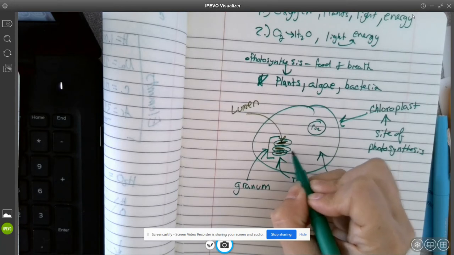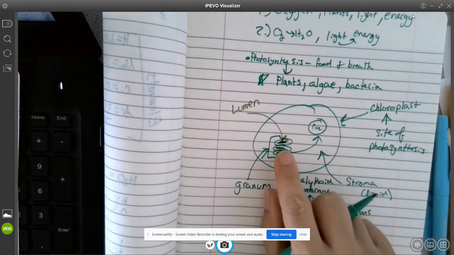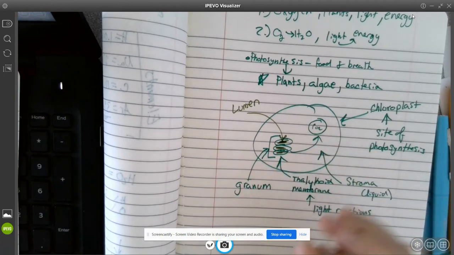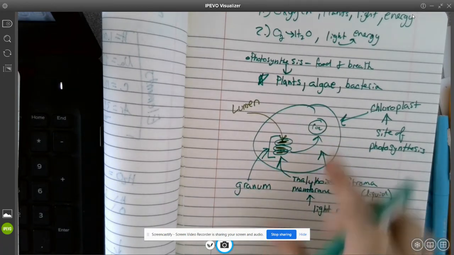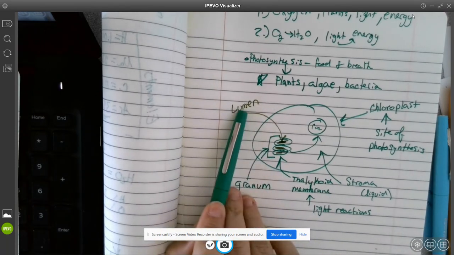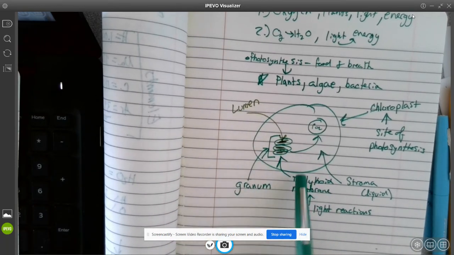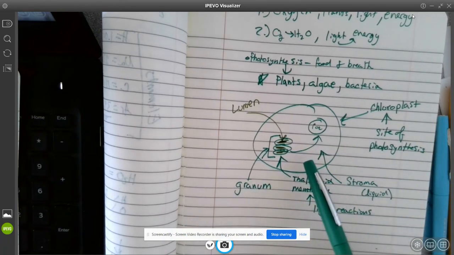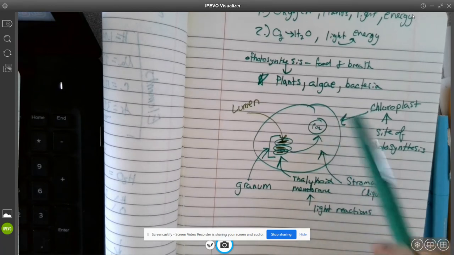And I'm going to draw a line because we know that our thylakoid membrane will be related to the carbon dioxide that comes inside. So that way it also gives our chloroplast a little bit more volume. So we have a lumen, which is inside our thylakoid membrane. A stack of thylakoid membranes is called a granum, and the liquid outside is called a stroma.